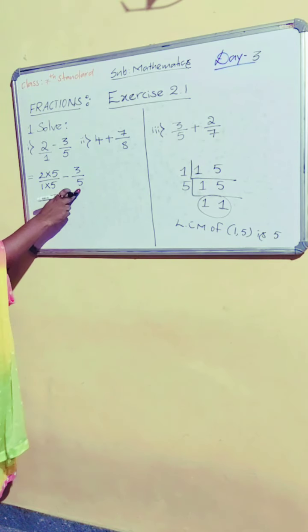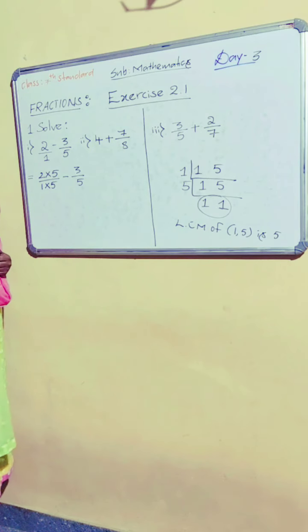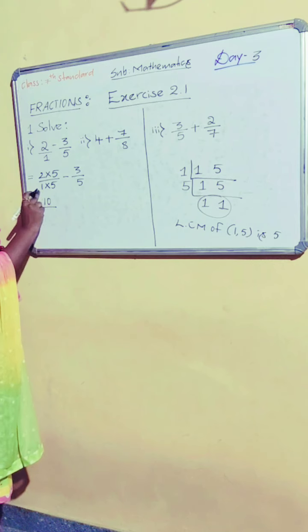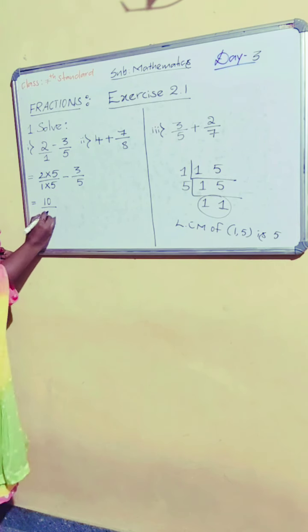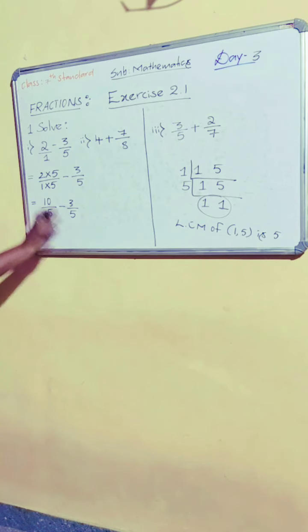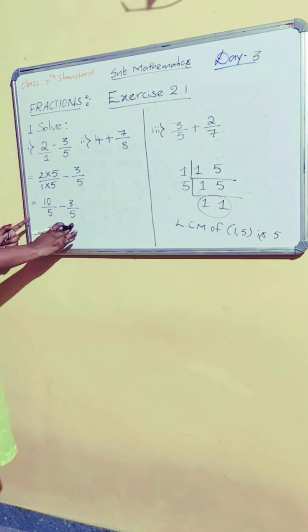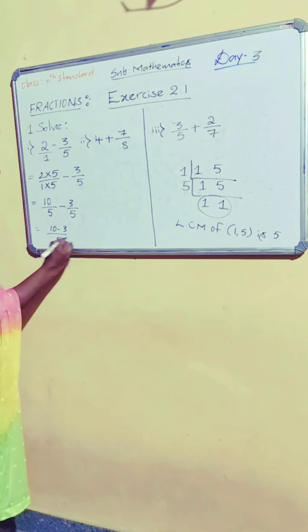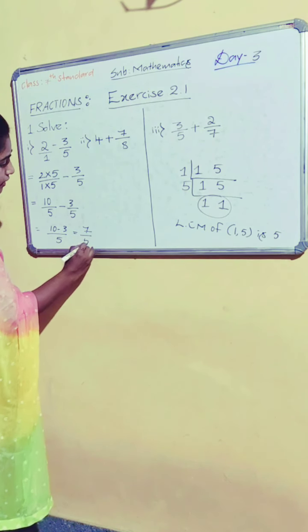Since the second fraction already has denominator 5, no need to do anything there. So 2 5s are 10 minus 3 by 5. Since we got like fractions with denominator 5 for both, I can directly take the numerators: 10 minus 3 by 5, which equals 7 by 5.